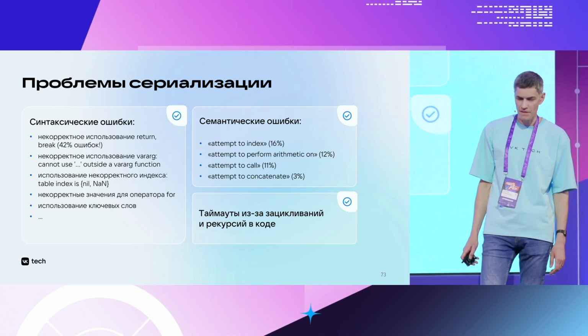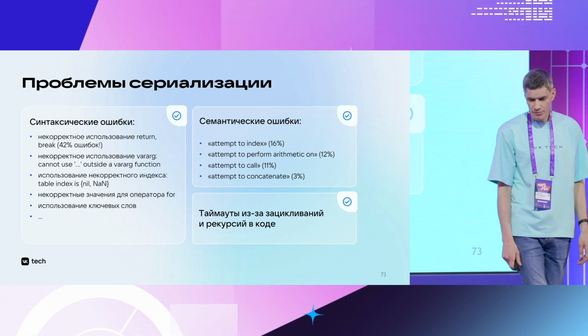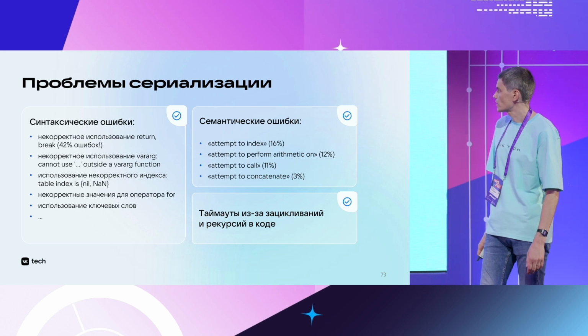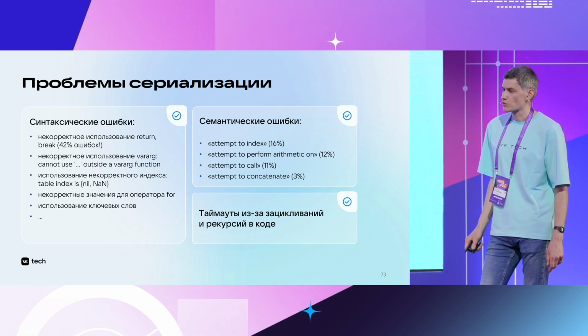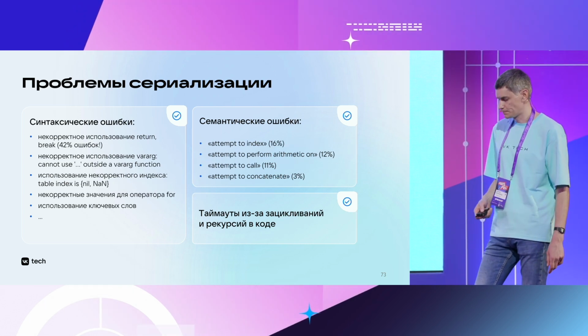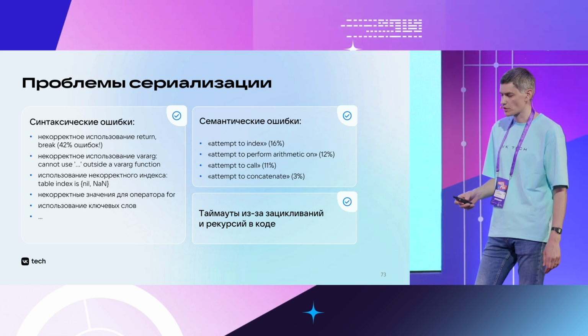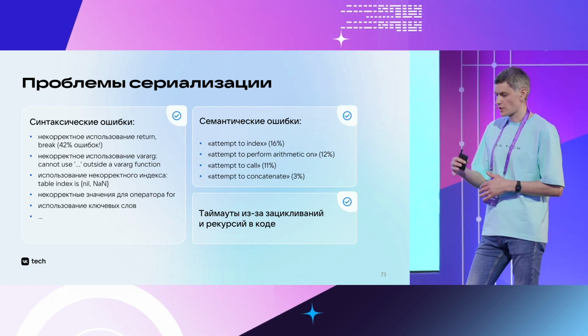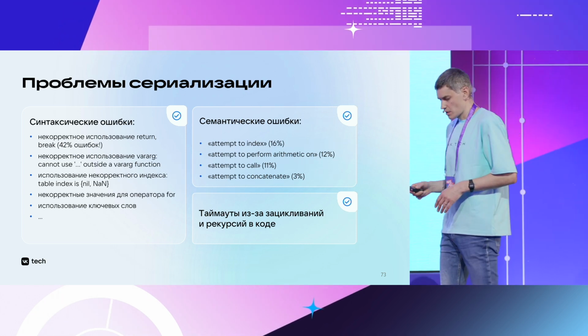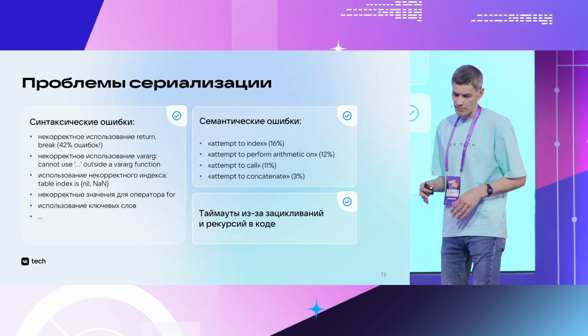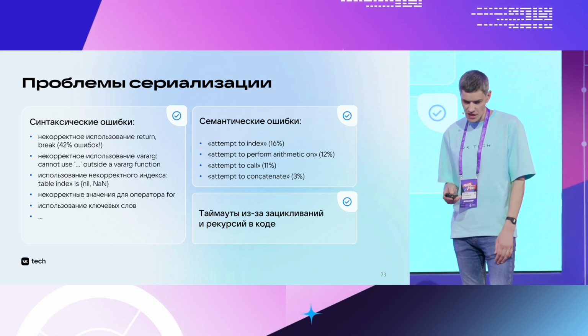Syntax errors were numerous, so the implementation was not quite correct. The most popular error was that the break and return operators were added at random. In the Lua reference manual, they can be put only at the end of the block.